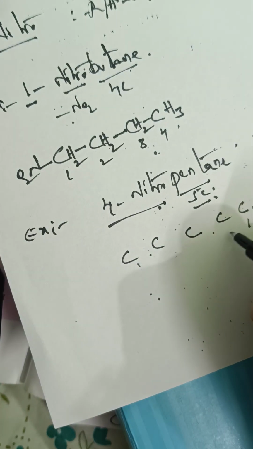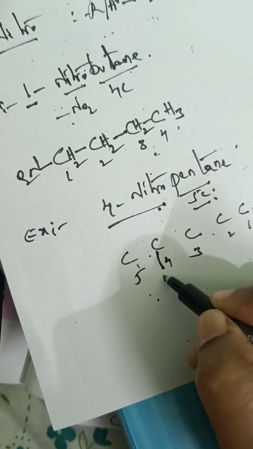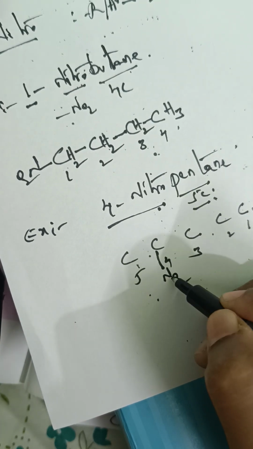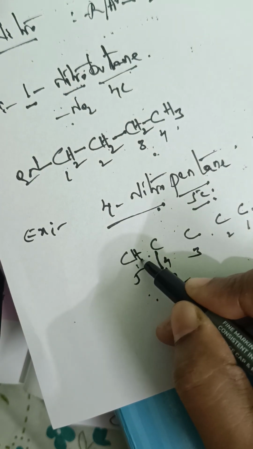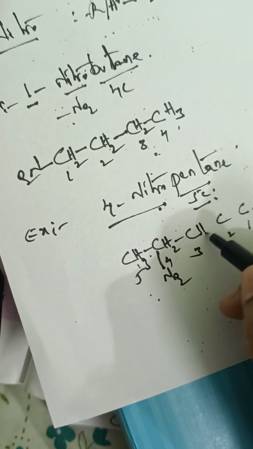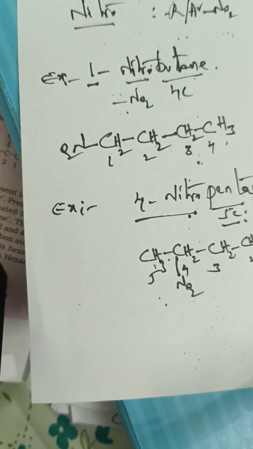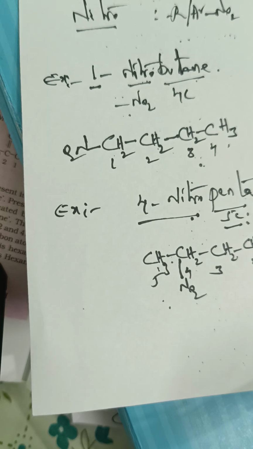Otherwise, if you are numbering from this side, you can place the NO2 group on this carbon atom. Then you simply add hydrogens, CH2, CH2, CH2, CH3. So this will be the structure for 4-nitropentane.